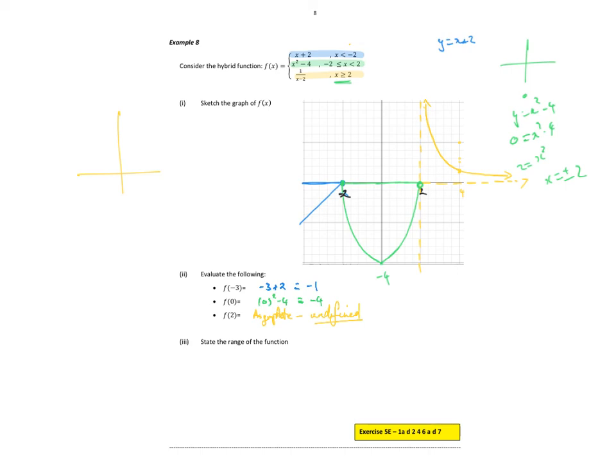The range of the function, well, what y values can I have? Let's have a look at the blue section. This blue section means it continues to go all the way down. So from the blue section I get from -infinity up to 0. The green section, what does the green section give me? It gives me from -4 inclusive to 0 inclusive.